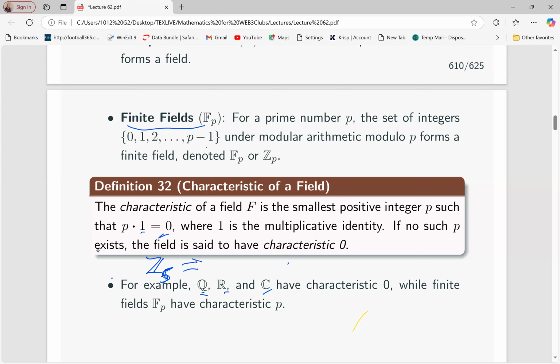Now, the symbol I'll be using most of the time is F to mean a field mod 5. What are the elements here? They are 0, 1, 2, 3, 4.